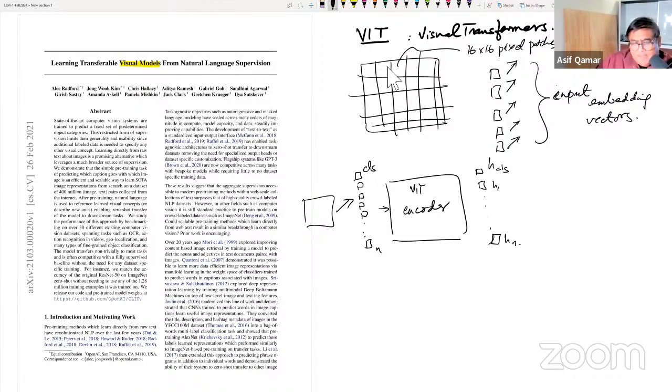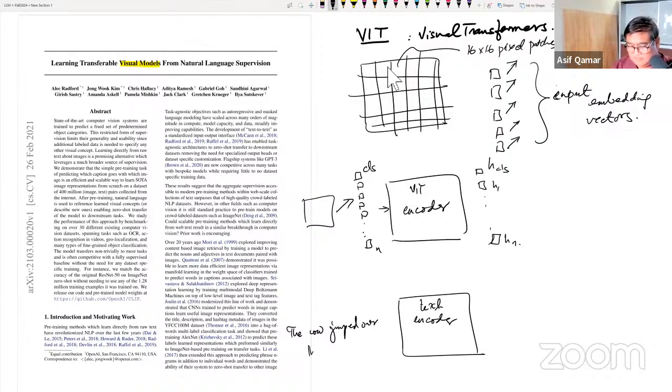Now, suppose you have a text. It goes through a standard text encoder. The cow jumped over the moon. What will happen? These tokens will again become vectors. They will go in.